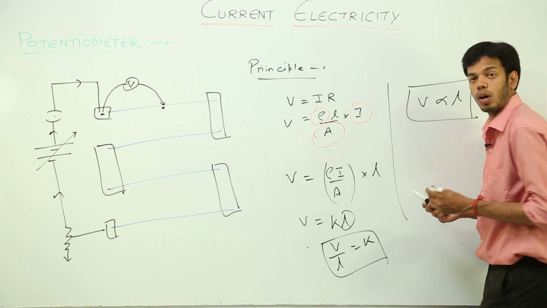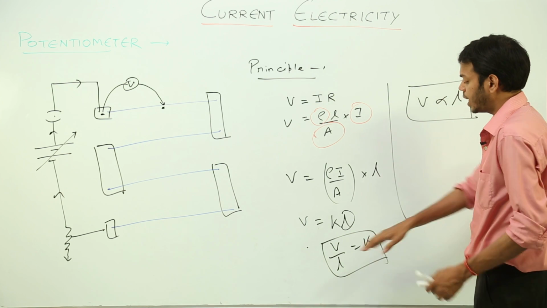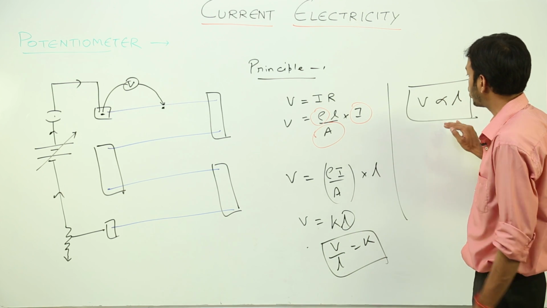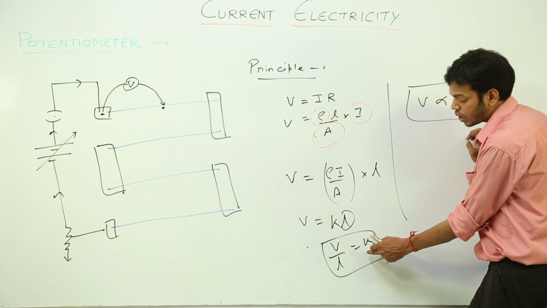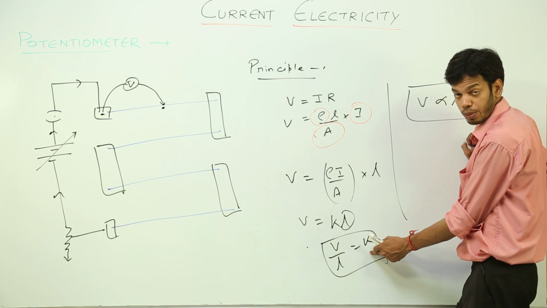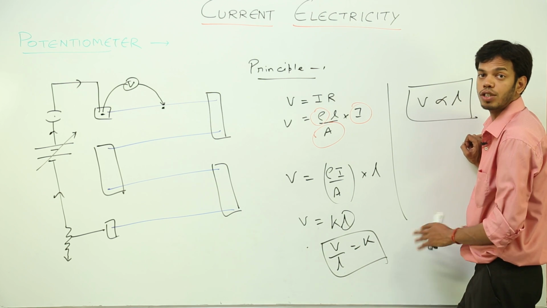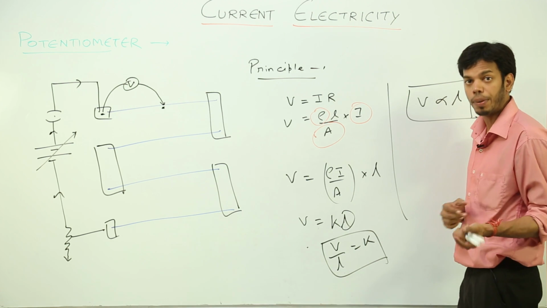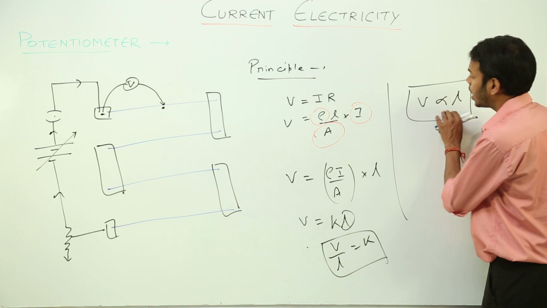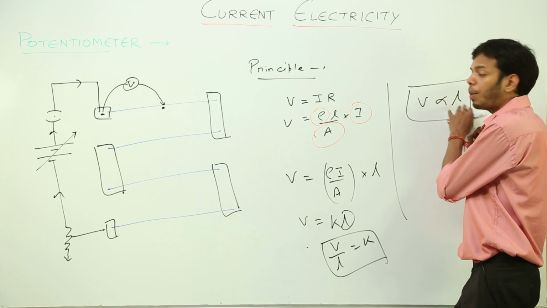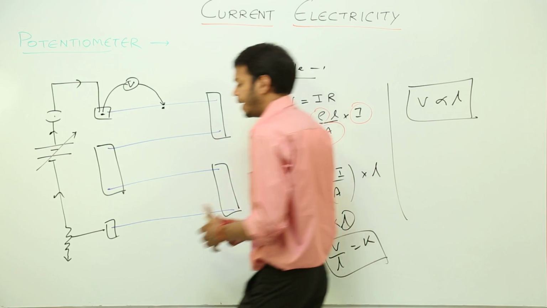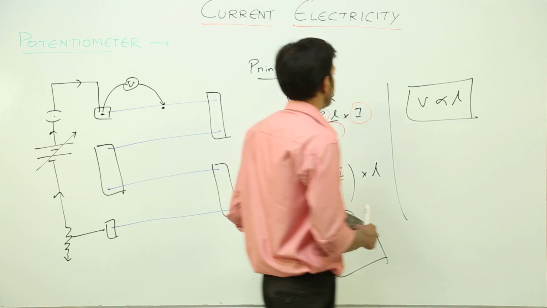So this is also a principle in different books. Some books use this formula, some books use that formula. According to this formula, the principle would be that the potential gradient of a wire is constant, that is potential drop per unit length is a constant, and here again potential difference is directly proportional to length. So anyhow you can state the principle.